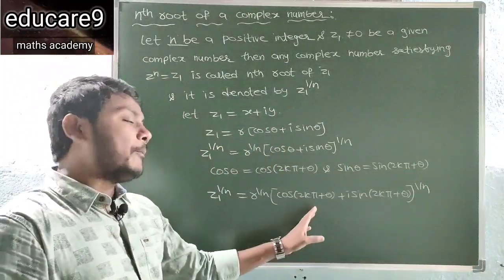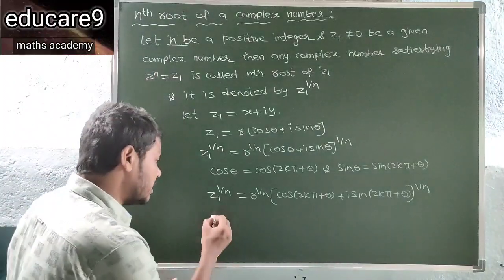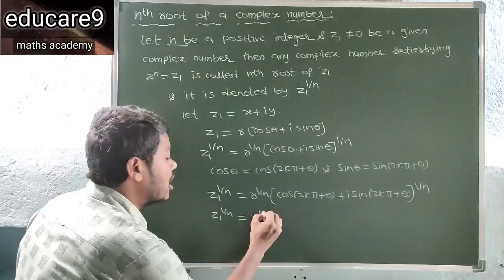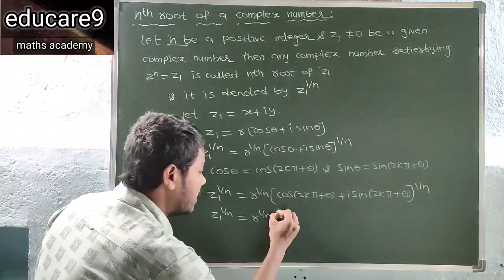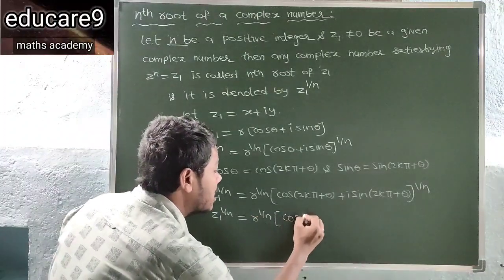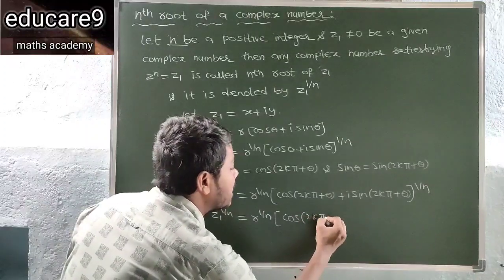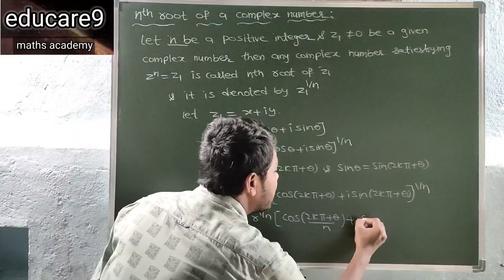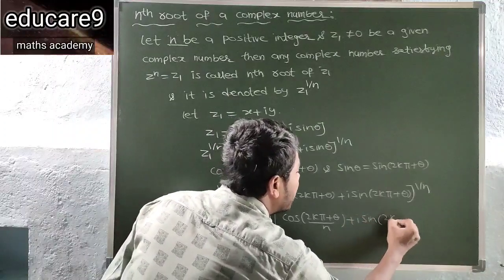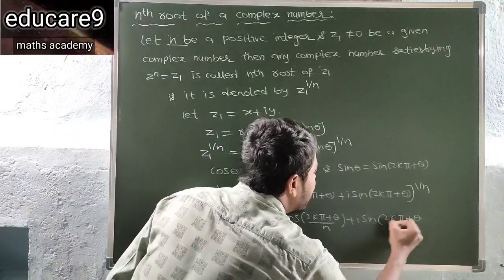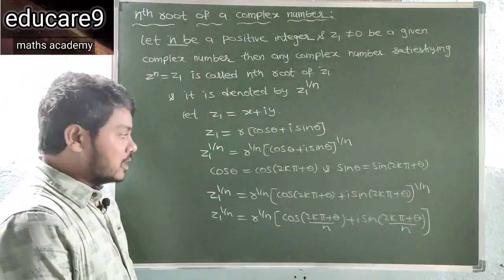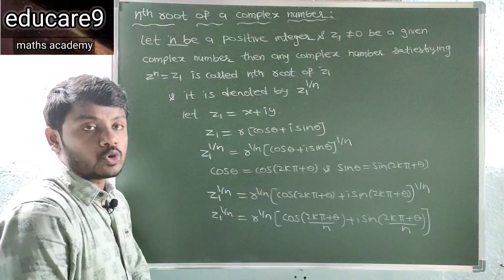Now here you have to apply De Moivre's theorem. So z1 power 1 by n can be written as r power 1 by n times (cos of (2k pi plus theta) by n plus i sin of (2k pi plus theta) by n). How many roots? n roots.